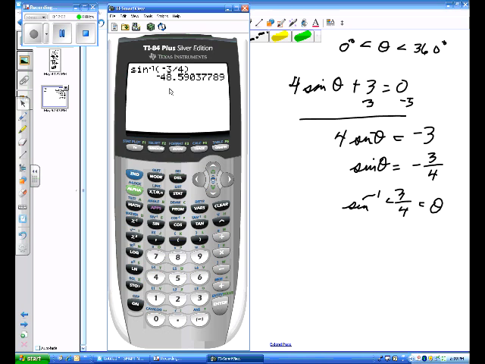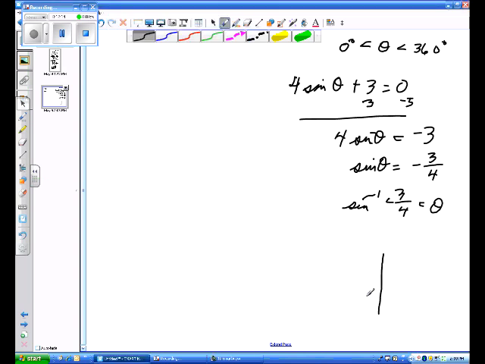So for the sine, it gives it back to us in the fourth quadrant as a negative angle. It gives negative 48.6 if we do this to the nearest tenth.